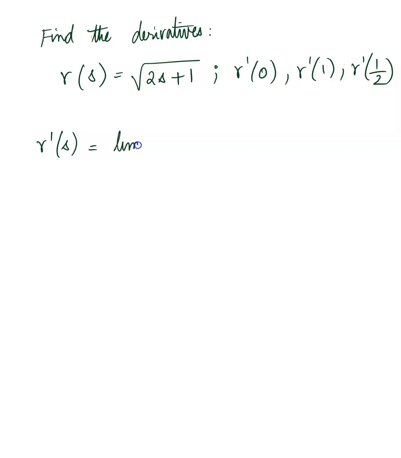R prime of s will be limit h approaches 0, r of s plus h minus r of s all over h. I'm converting this for our problem based on the definition.